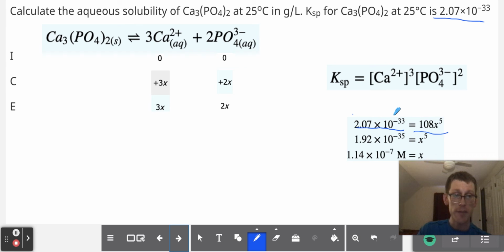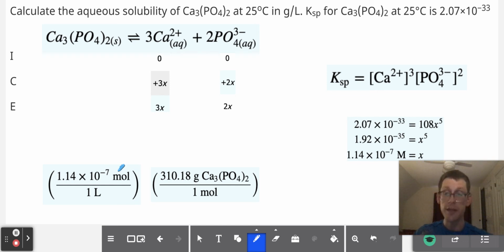We can divide both sides by 108 and get 1.92 times 10 to the negative 35th equals x to the fifth. Take the fifth root of both sides, and we find that x is equal to 1.14 times 10 to the negative 7th molar. Now, interestingly enough, that 1.14 times 10 to the negative 7th molar being x is just the concentration of aqueous calcium phosphate.